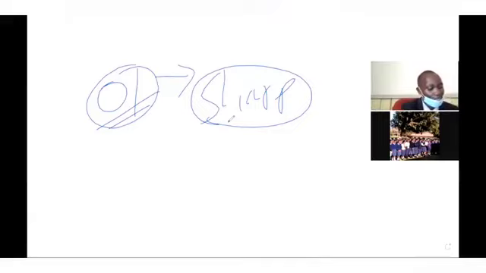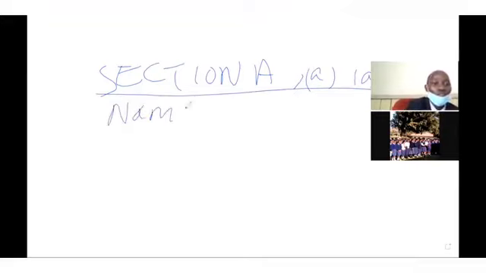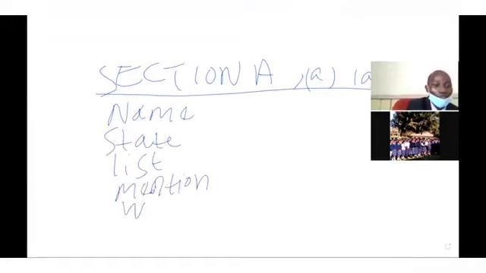So there are terms which are used, especially in section A. There are various terms which are used. In section A, section B part A, and section C part A, there are terms like name, like state, like list, like mention, like what.